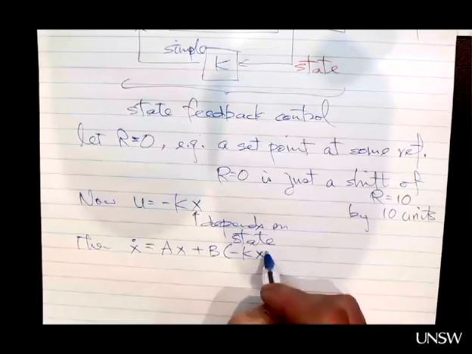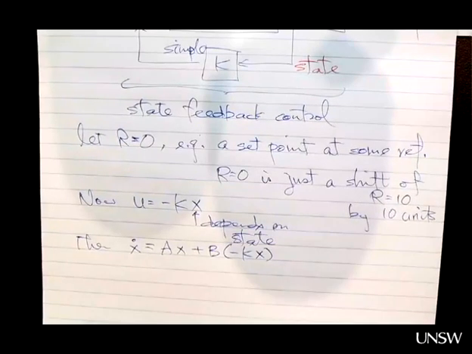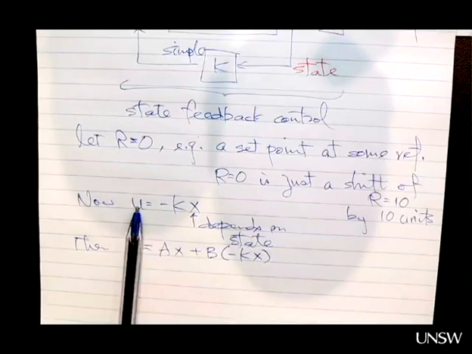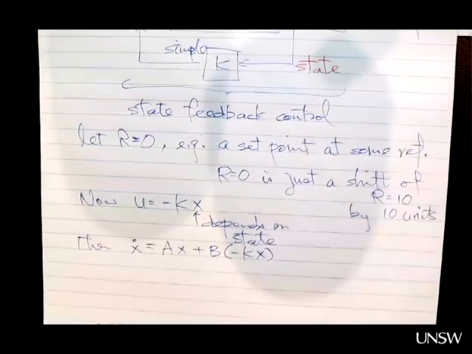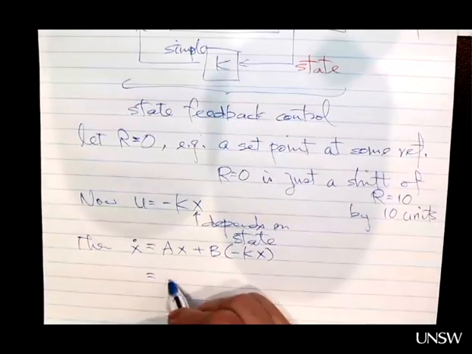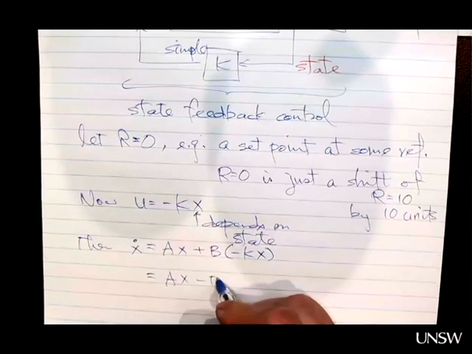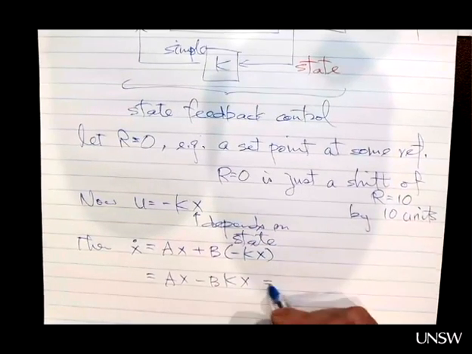Okay, because the control u equals minus Kx, so it becomes Ax minus BKx, which equals (A minus BK) x.